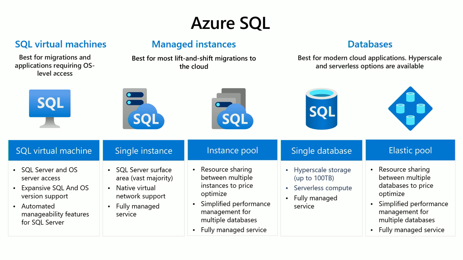And then if you're going to PaaS, you pick whether you want a full SQL Server instance, in which case you'll pick managed instance, or you will go to databases if you're building new apps which are basically working against standalone databases and don't have instance level dependencies, for example, like linked servers, cross database queries, replication, SQL Agent, etc. So that's your initial point of decision matrix.